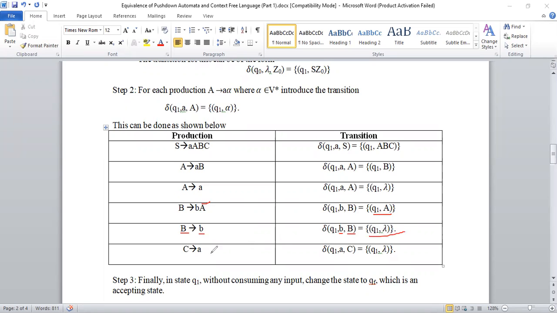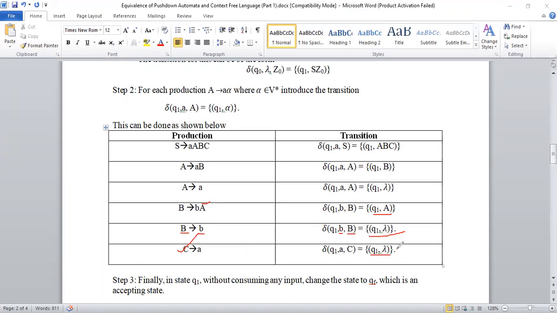Clear? The last production, that is C to a: delta Q1 comma a comma C on top of the stack gives Q1, and alpha is null, so Q1 comma lambda, right?